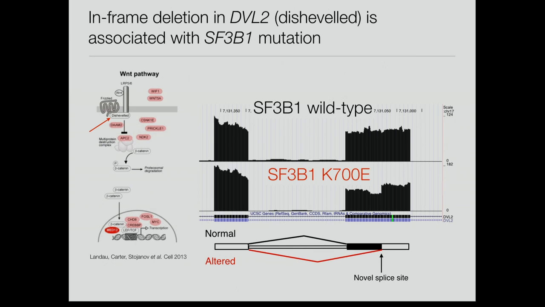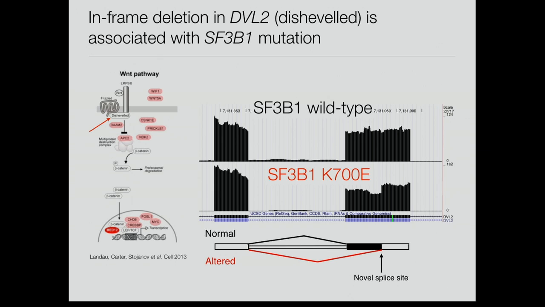The alternative 3' splice site is here, and down below is one transcript annotation. What you can see is that in the presence of the mutation, a more downstream 3' splice site is being used. You can see the drop in coverage in the mutated sample. And again, this is not an annotated splice site.